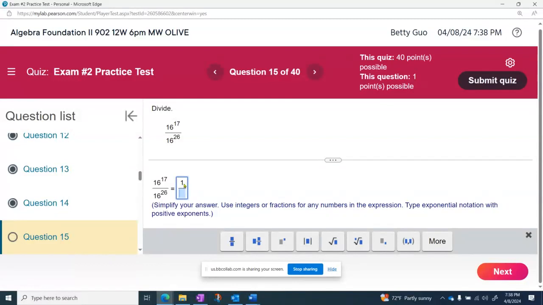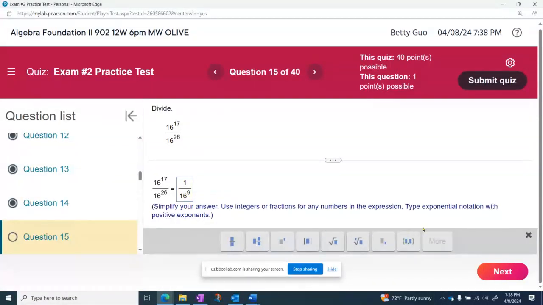So we would have no 16 in the top. We would have extra 16s on the bottom. How many extra? We use 26 minus 17. 26 minus 17 gives us 9. We're going to have 9 extra 16s on the bottom. So the simplified form is 1 over 16 to the power of 9.